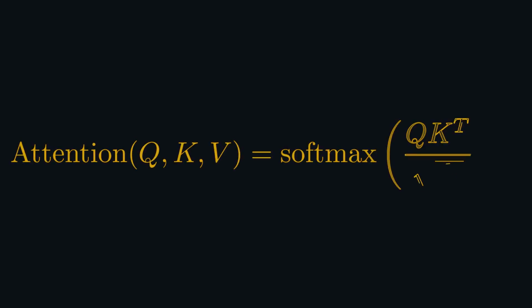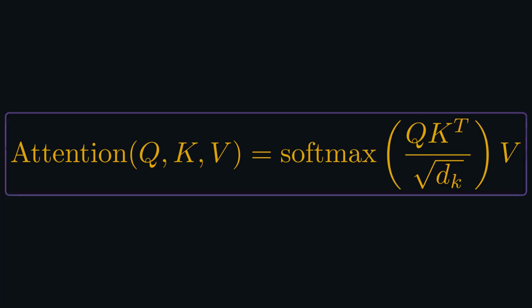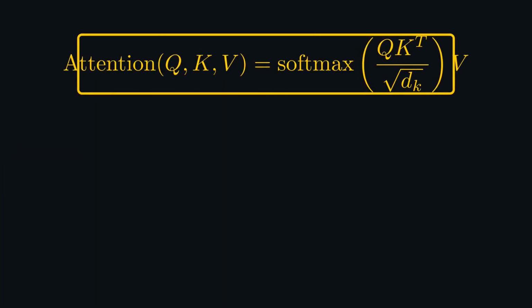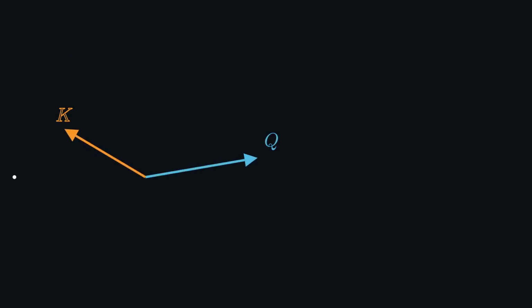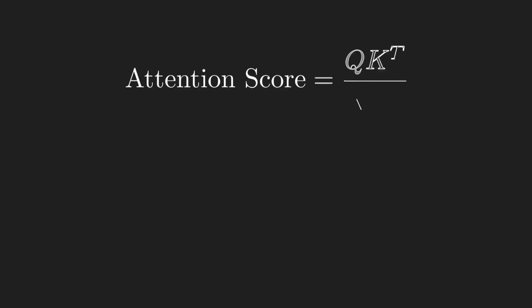The transformer uses a specific type of attention called scaled dot product attention. We compute the dot product of the query with every key. This is our compatibility score. A higher dot product means more similarity. We scale these scores.